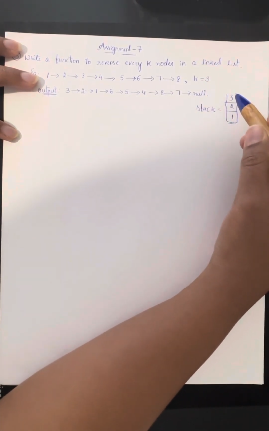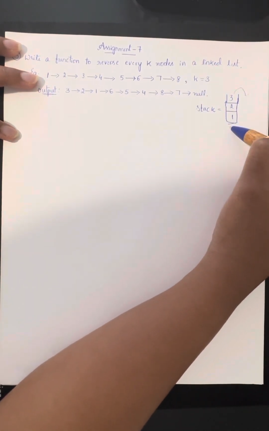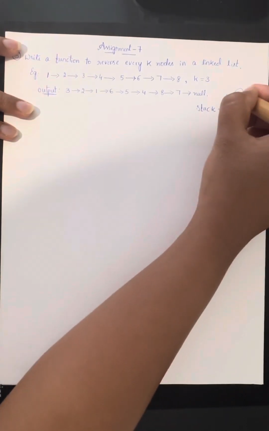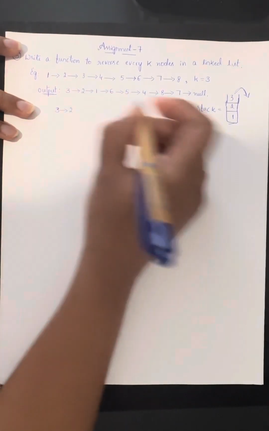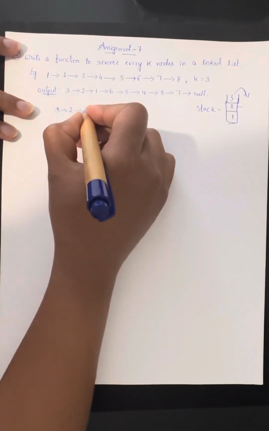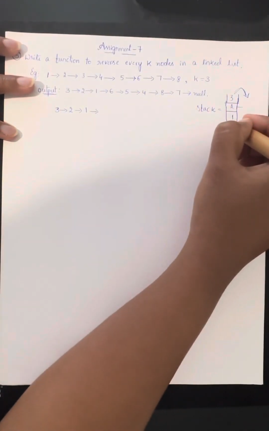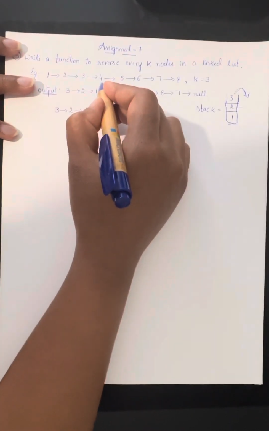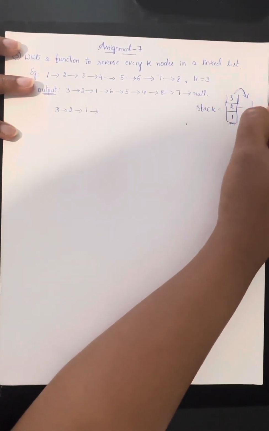Now I'll take out each node from the stack and create the new list. First we take out 3, and then 2, and then we'll have 1 left, and we take it out, and then this process starts again. The stack becomes empty, and I will start from 4 and keep pushing into the stack until the stack length reaches k.